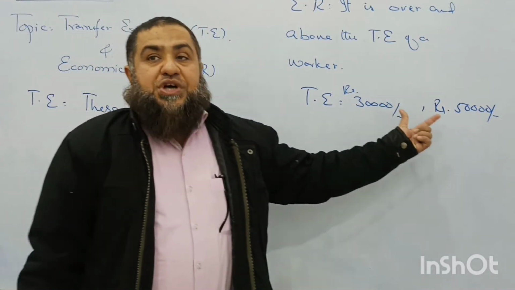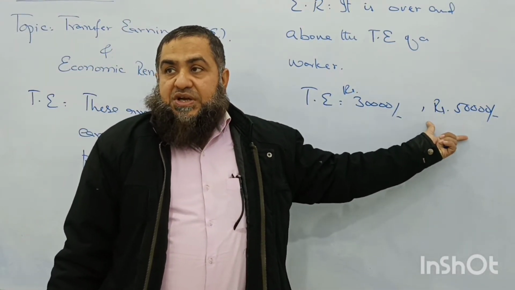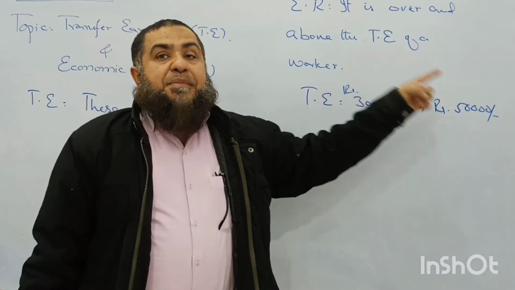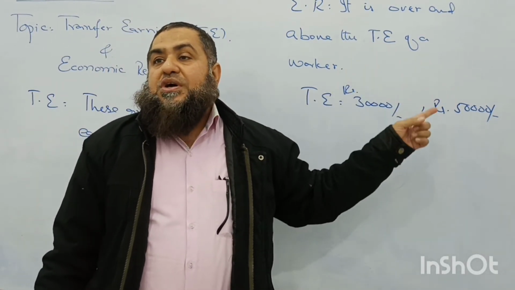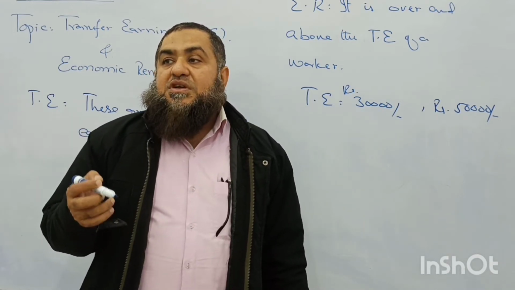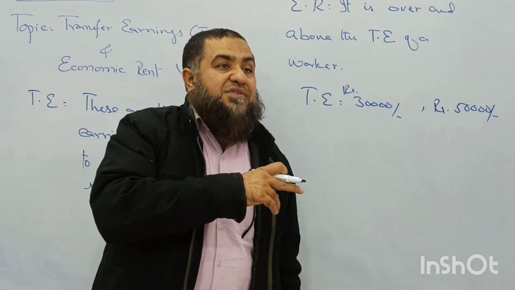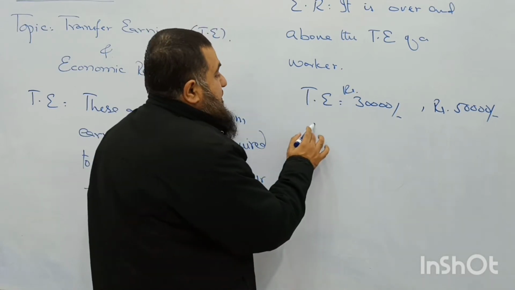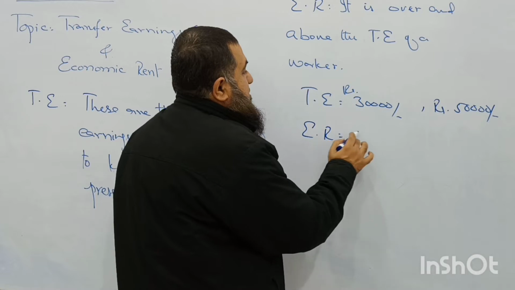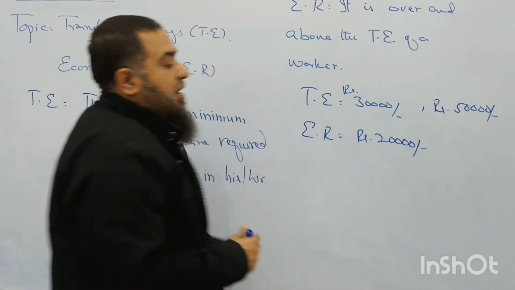Okay? A new job that is going to offer 50,000. So how much over and above is this person going to earn? That is the 20,000, which is called the economic rent of the same worker, which he or she is receiving over and above the transfer earning. So what is the economic rent now? That is rupees 20,000. Alright?